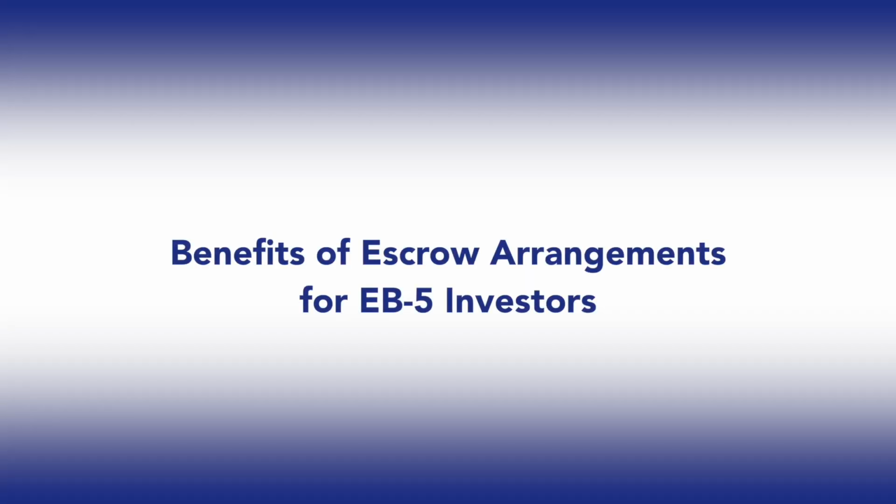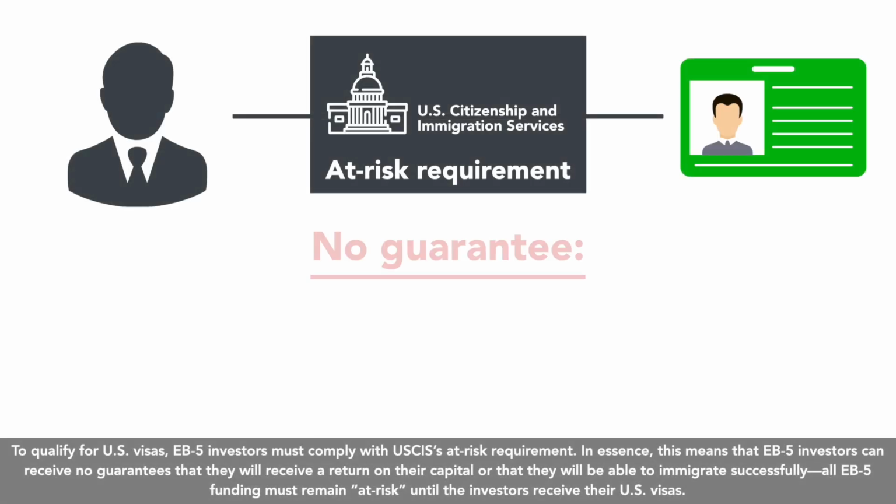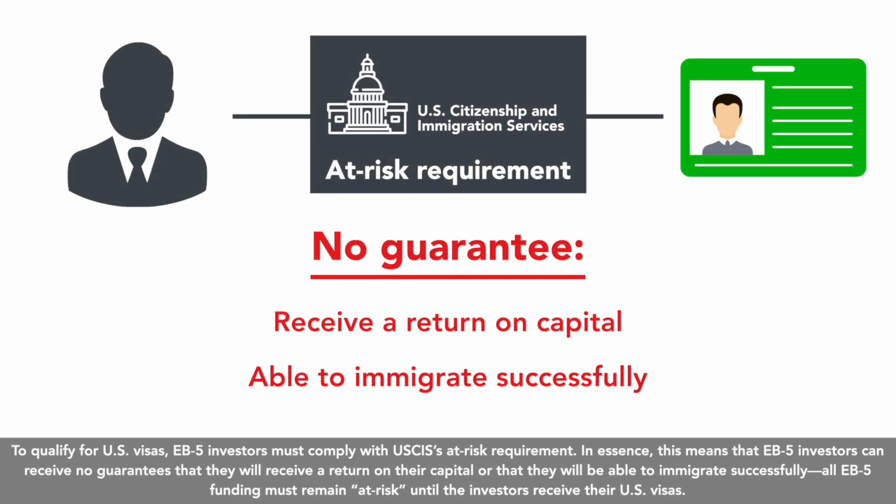Benefits of escrow arrangements for EB-5 investors. To qualify for U.S. visas, EB-5 investors must comply with USCIS's at-risk requirement. In essence, this means that EB-5 investors can receive no guarantees that they will receive a return on their capital or that they will be able to immigrate successfully.